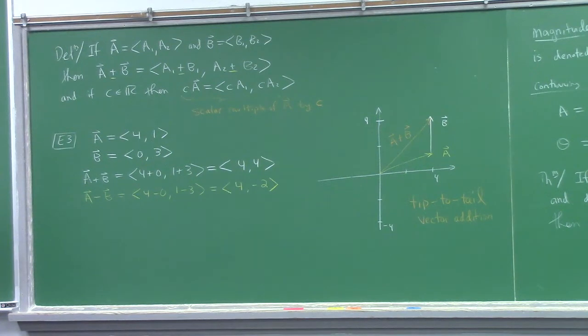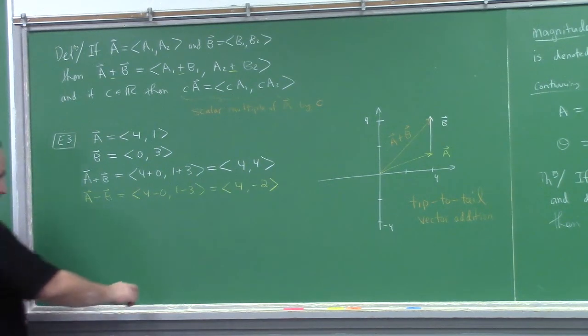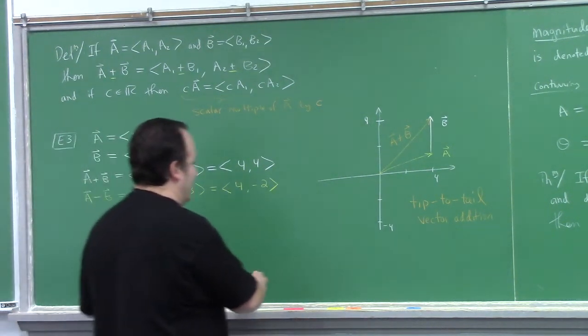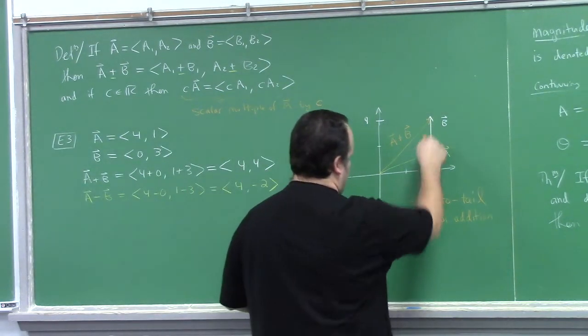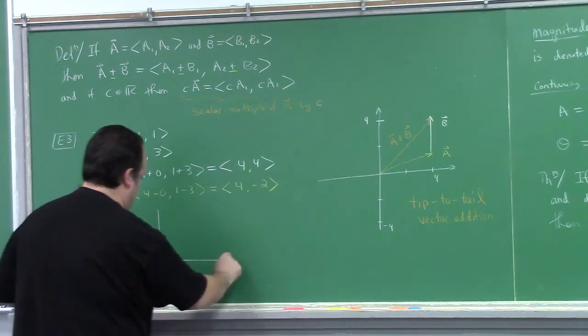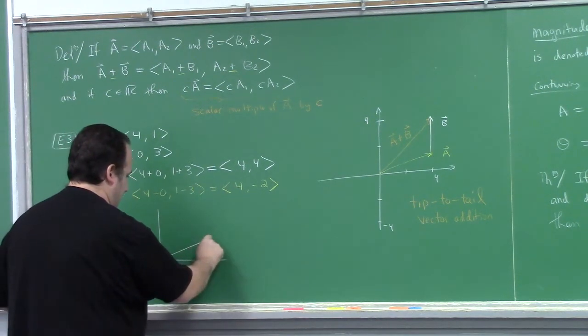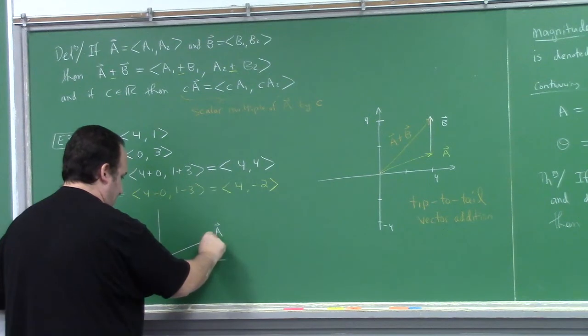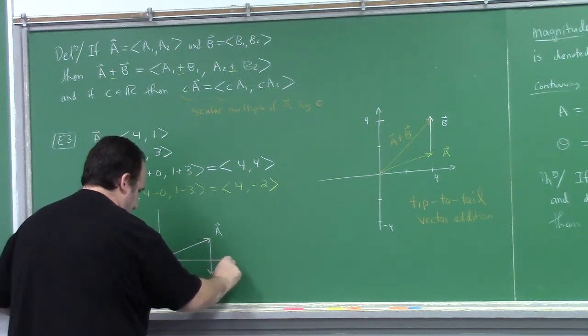Now, A minus B. Instead of going up, let me draw it over here. So we have A like this, right? And then minus B goes like that.